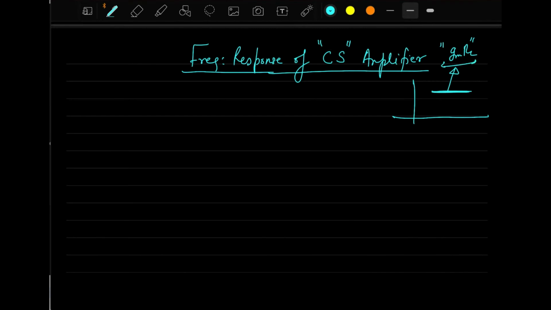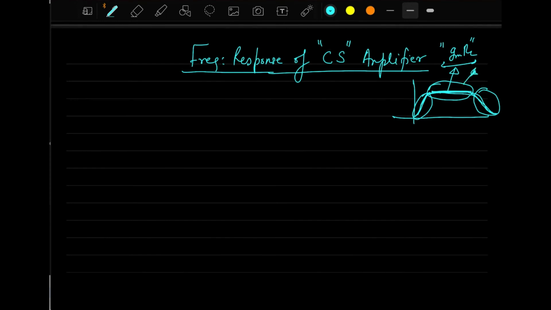But now we want to understand how this gain will go down if we reduce the frequencies, and go down on this side as well. So we want to write a complete frequency response equation, and analyze this part and this part separately. We already know about the midband part, because all the analysis that we did earlier, prior to the exam you had taken, was the midband gain.